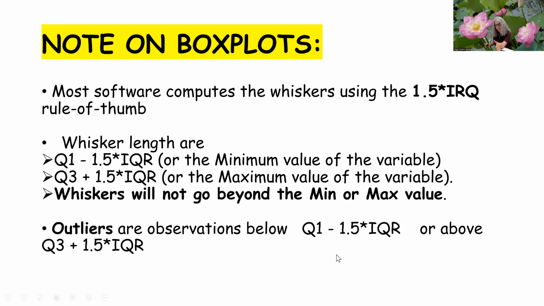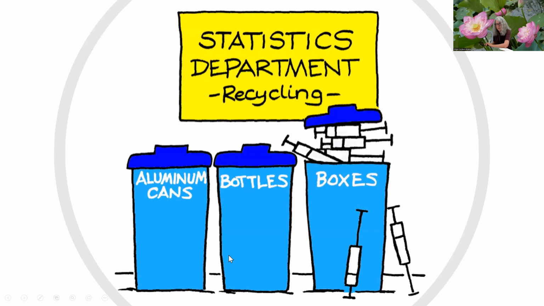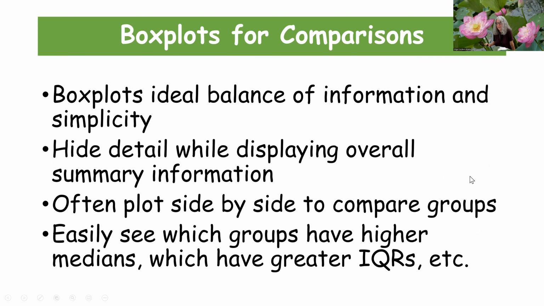You say, well, maybe we have an outlier here. So outliers are observations smaller than the lower value or larger than the upper value computed from the data, and I have this department statistics boxes that look like that.